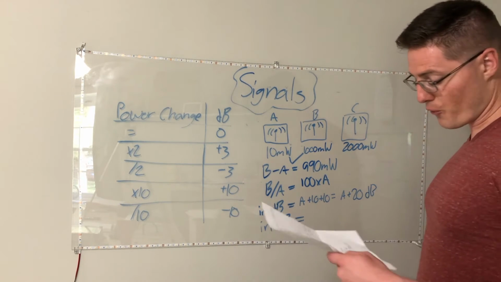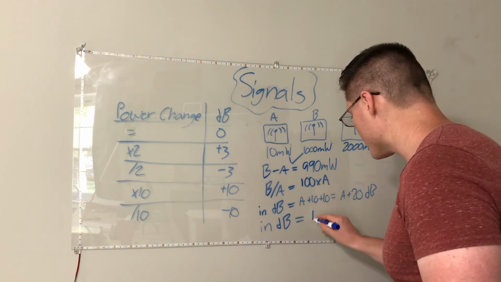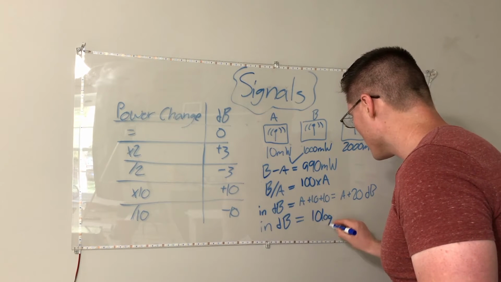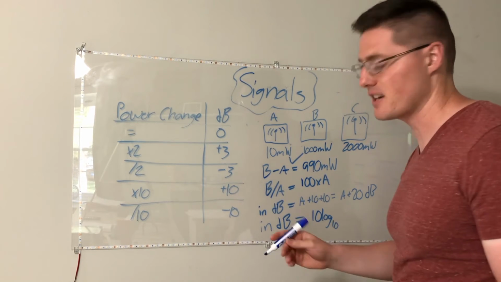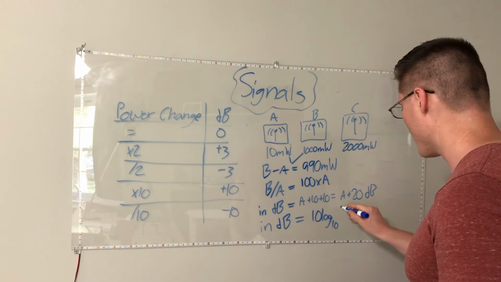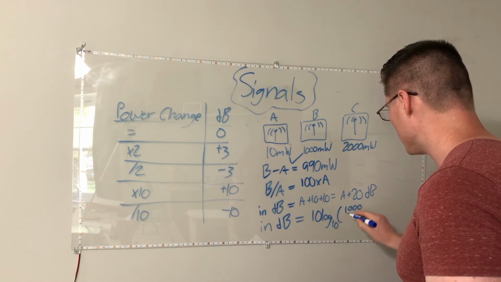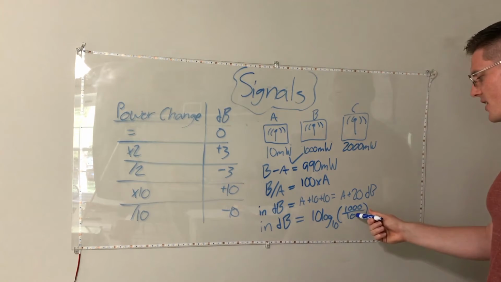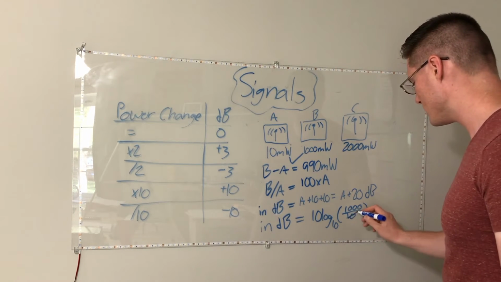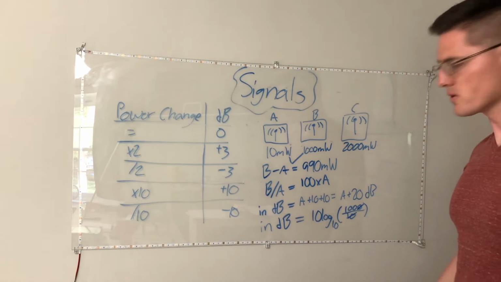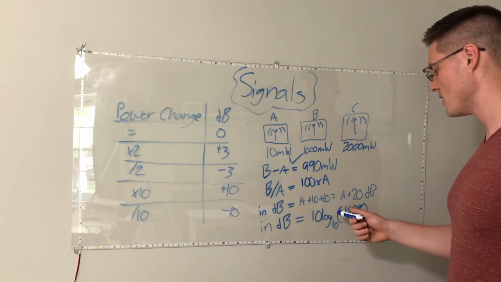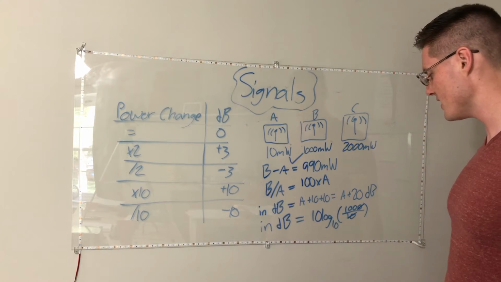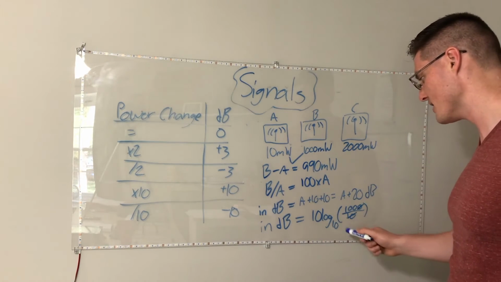If you're using the formula, you have 10 log base 10 of 1,000 divided by 10. So in this scenario, you can cross out one of the zeros. So essentially you're looking at 10 log base 10 of 100.